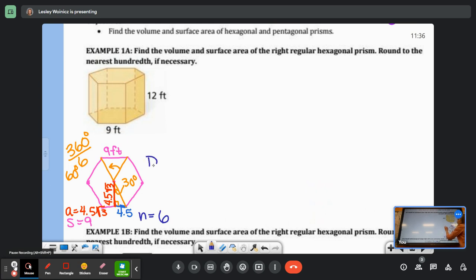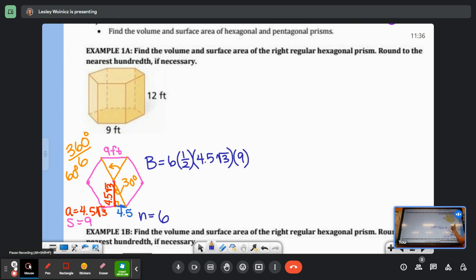So my base, I'm using a capital B because it's an area. It's 6 sides times 1/2 times my apothem, which is 4.5 root 3, times my side length, which is 9. Let's leave the root 3 in there for now.